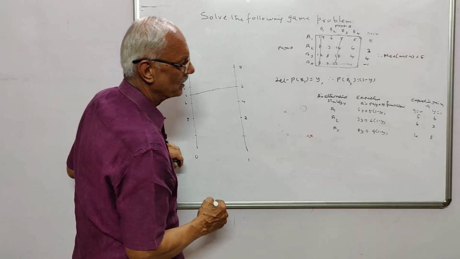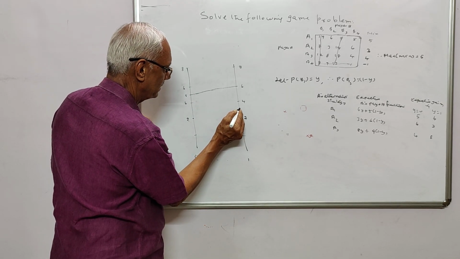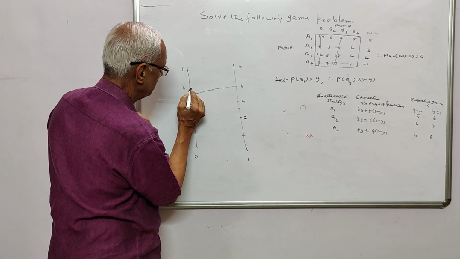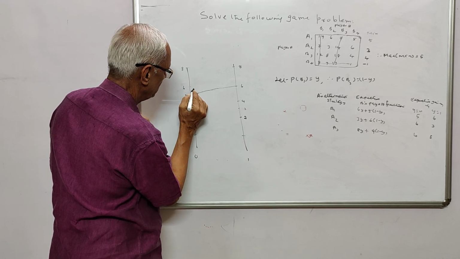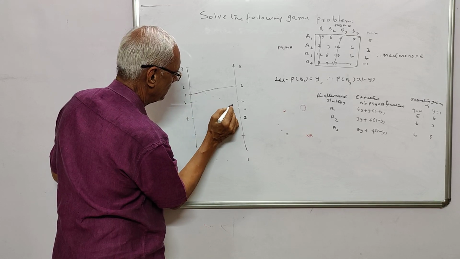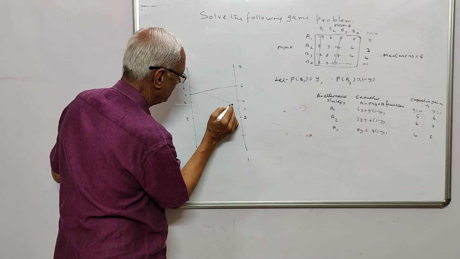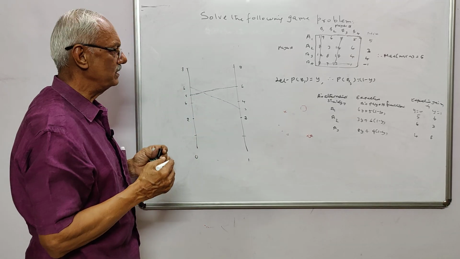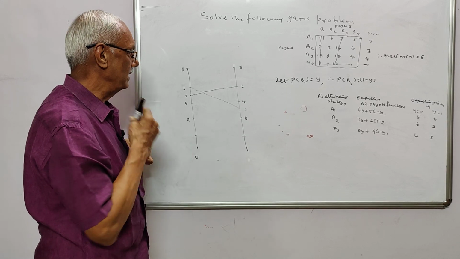So 5, 6. Then 6, 3. Where is your 6? This is your 3. So draw with a pencil and scale, then only you will get it correctly, otherwise you will not get it at all.